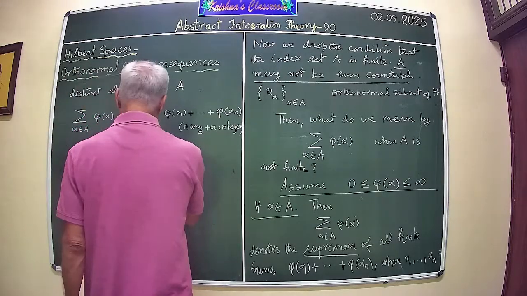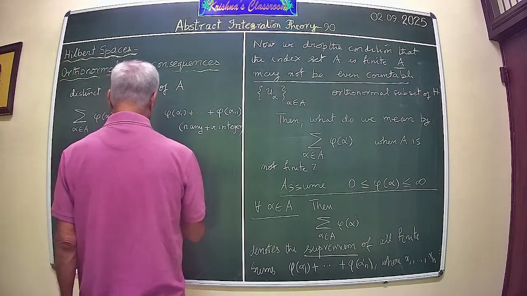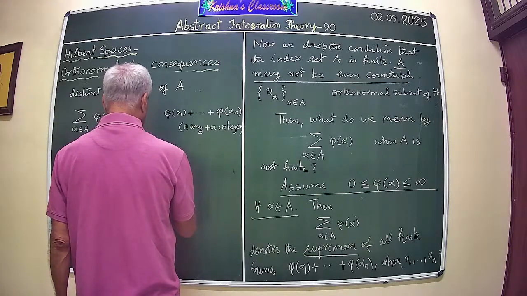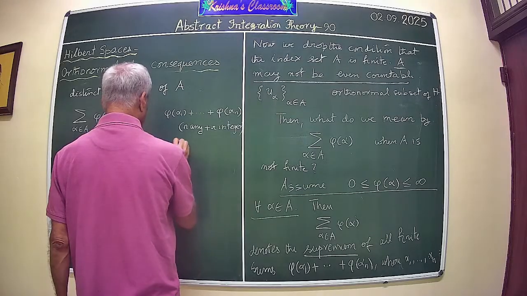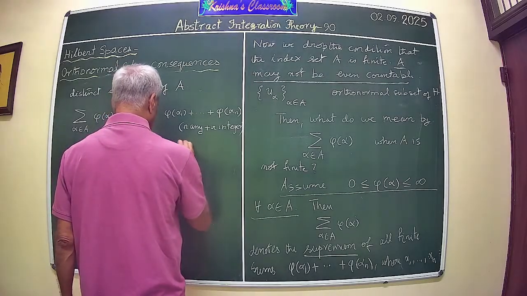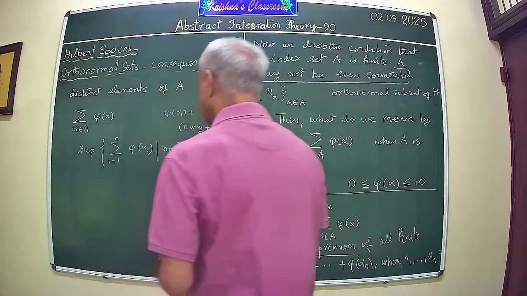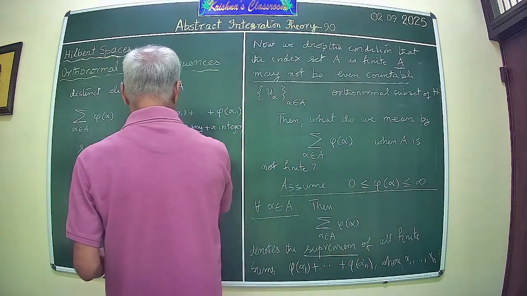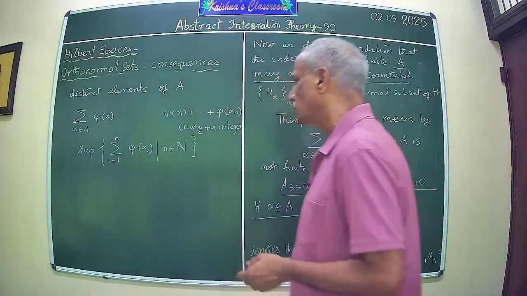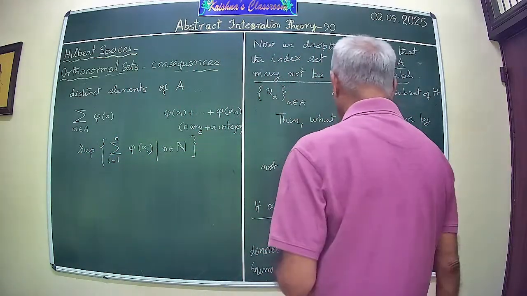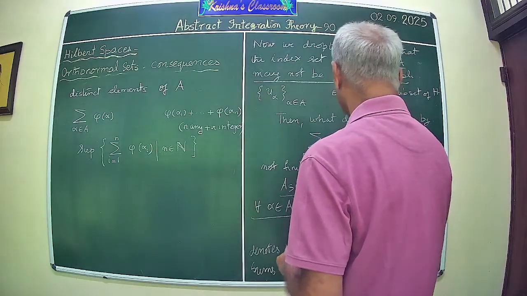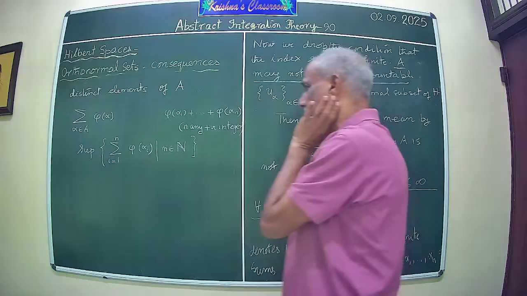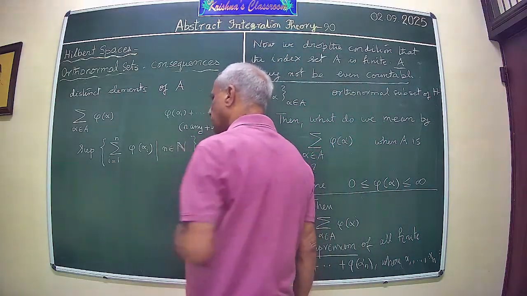So you take all these sums and take the supremum of this. Now you see that they are all non-negative, by our assumption. Therefore, this is greater than or equal to 0. Each one is greater than or equal to 0.